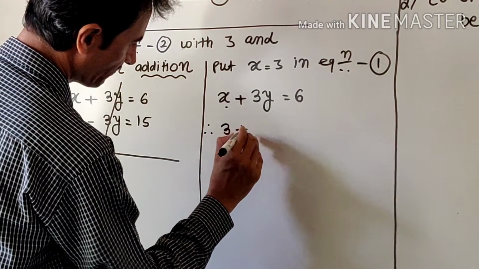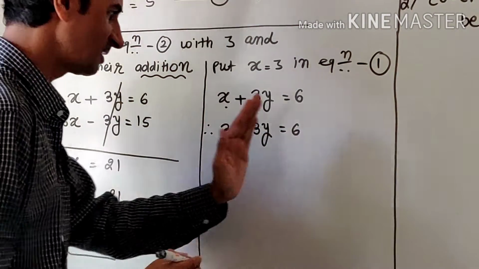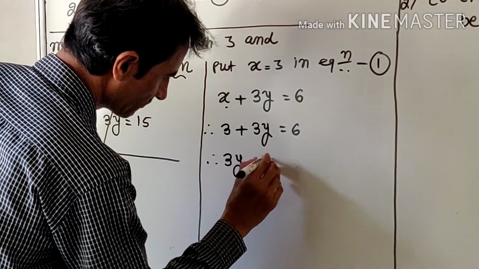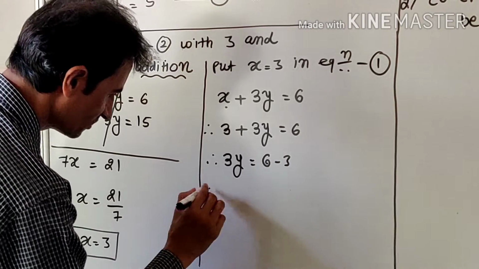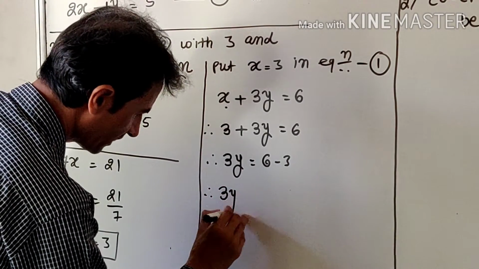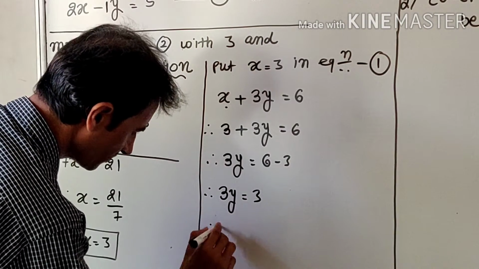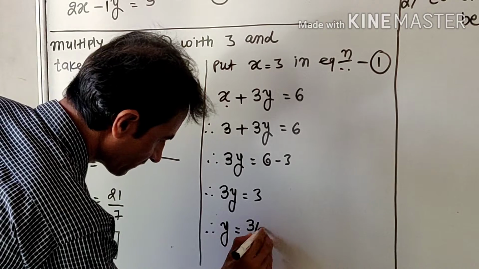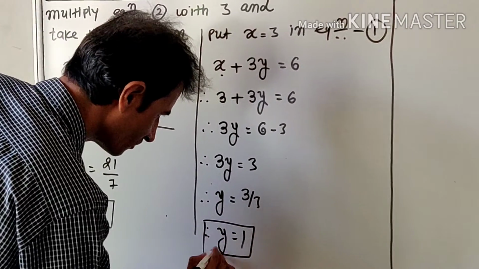Therefore 3 plus 3y is equal to 6. Now this 3 goes that side: 3y is equal to 6 minus 3. 6 minus 3 gives me 3, that means 3y is equal to 3. And this 3 goes to the denominator, the final answer we have 3 upon 3, and they get cancelled. Finally I have y is equal to 1.